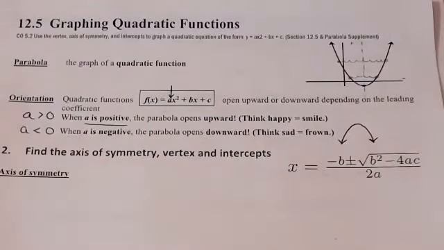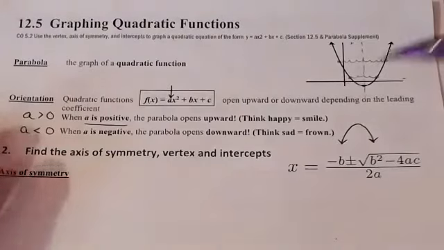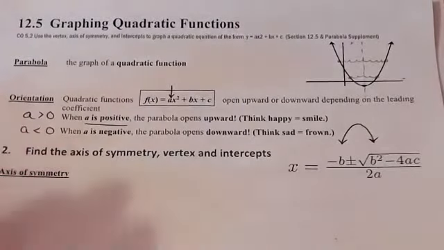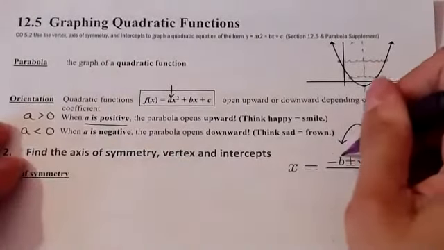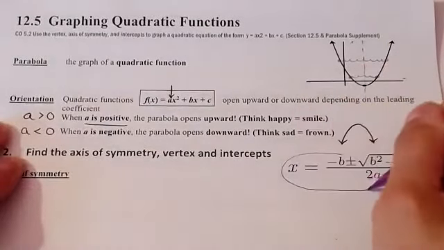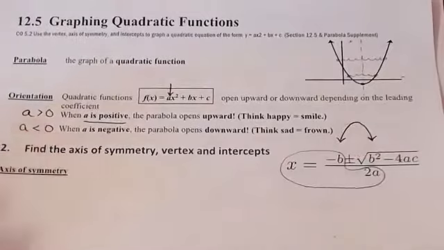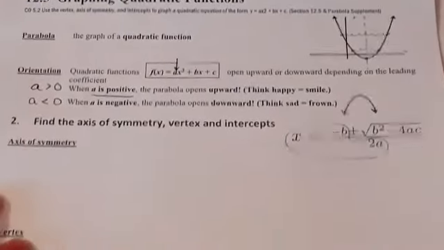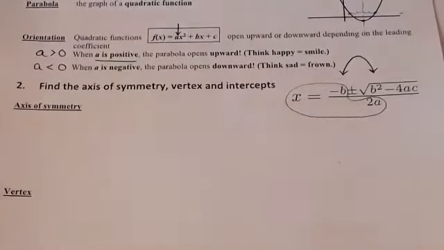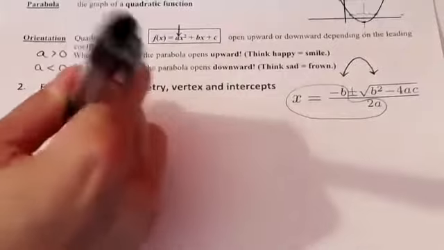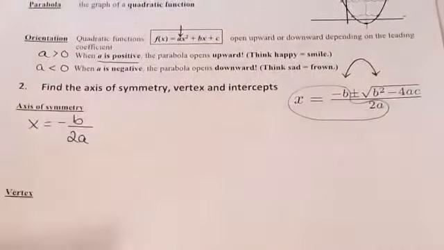Now, what is the axis of symmetry? Would you please circle this part of your formula? This part right here. X is equal to negative b over 2a. That is the formula for the axis of symmetry. So we're going to write that here: x equals negative b over 2a.